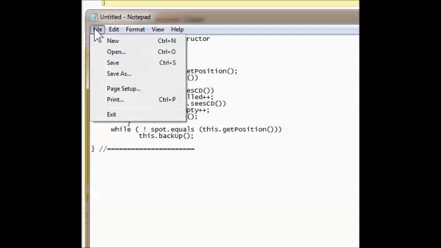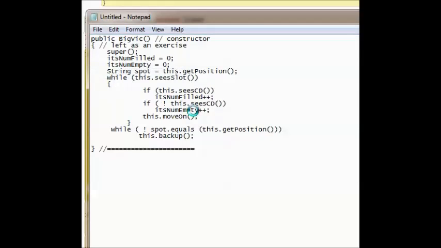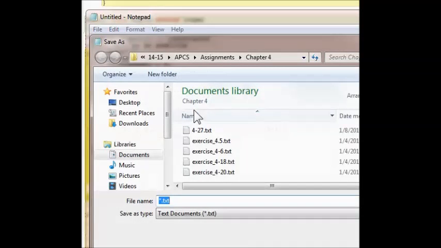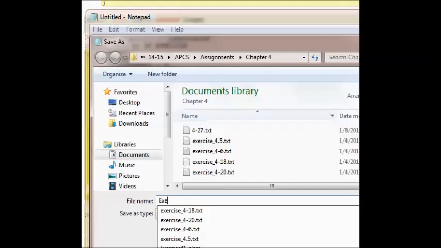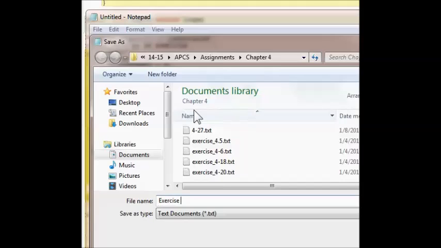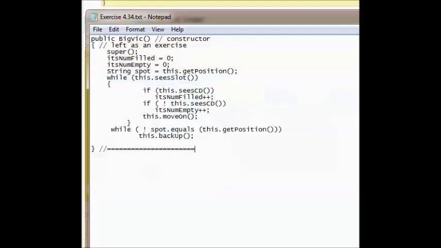Since you've already compiled it, you see that it works. Exercise 434. That's all there is.